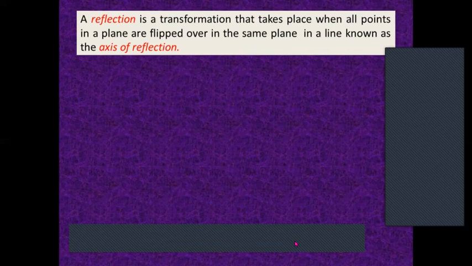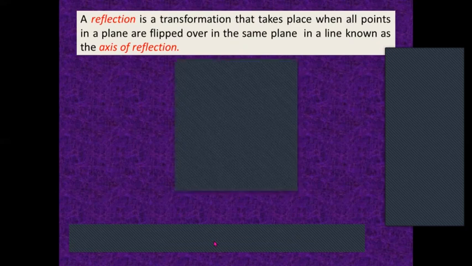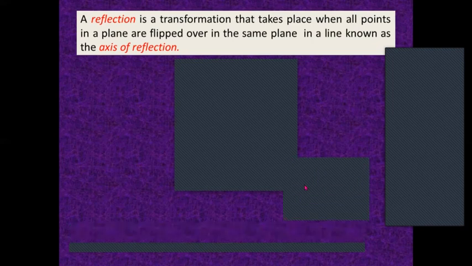Okay, so a reflection is a kind of transformation that takes place when all points in a plane are flipped over. That means, just like all of us are fond of looking at the mirror, you fan of making yourself beautiful.